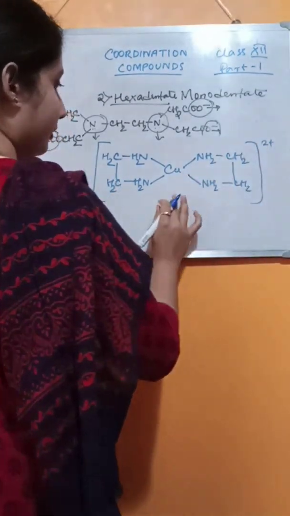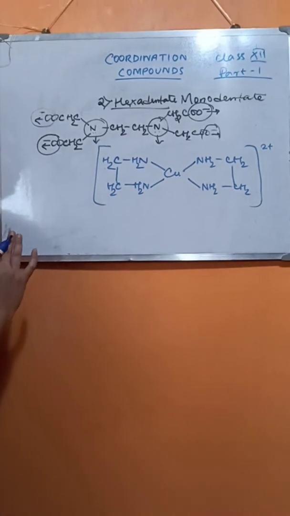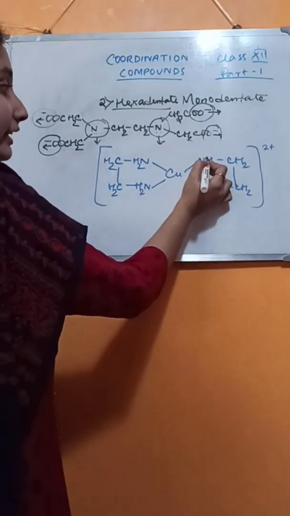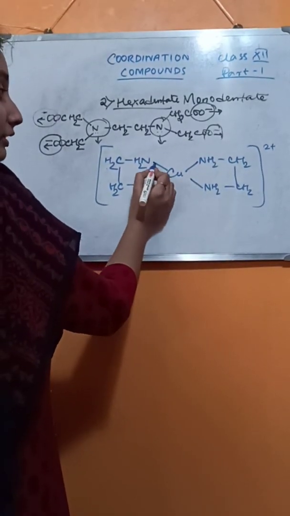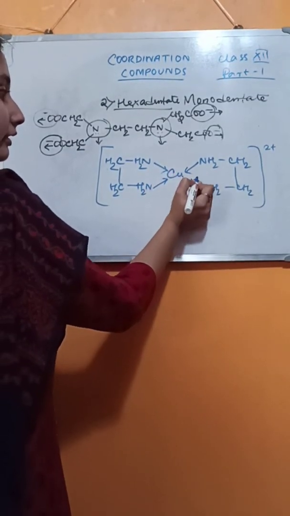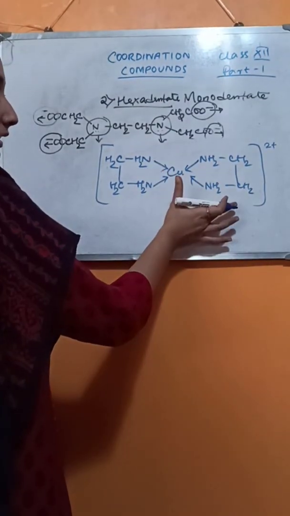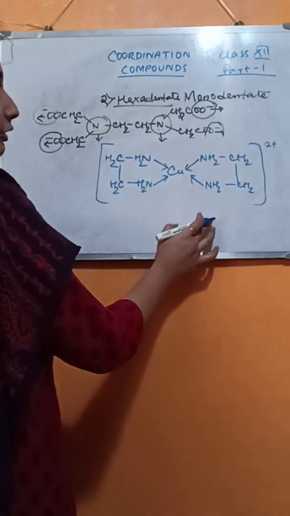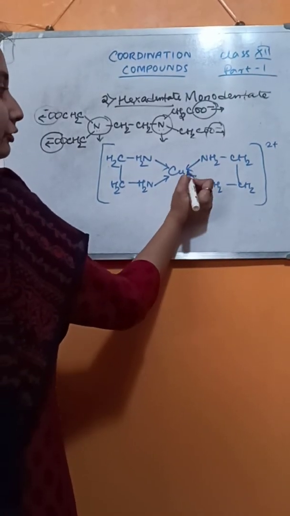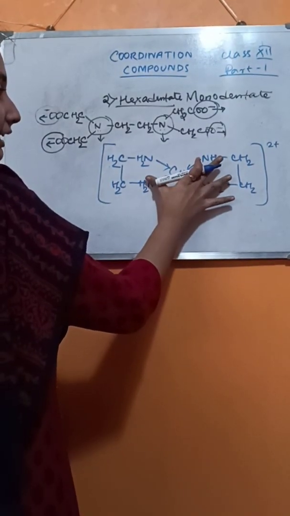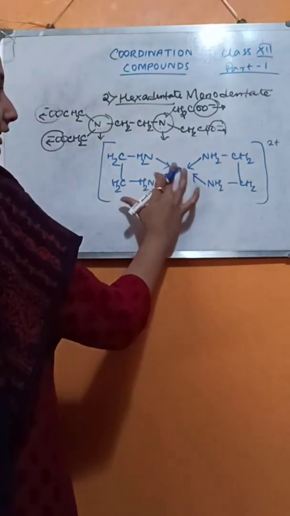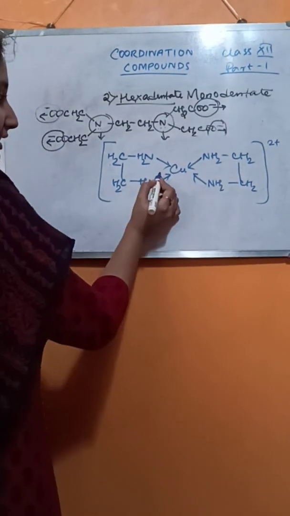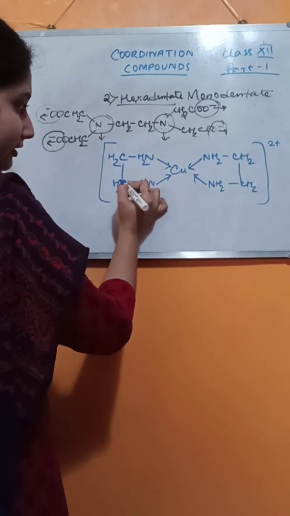Just look at this coordination compound. There are two ethylene diamine molecules. Both the ethylene diamines are bidentate. You all know that before this I have shown you that this is ethylene diamine. It has two donor sites. If two ethylene diamine molecules are taken, then there are four donor sites. Just look into this part.